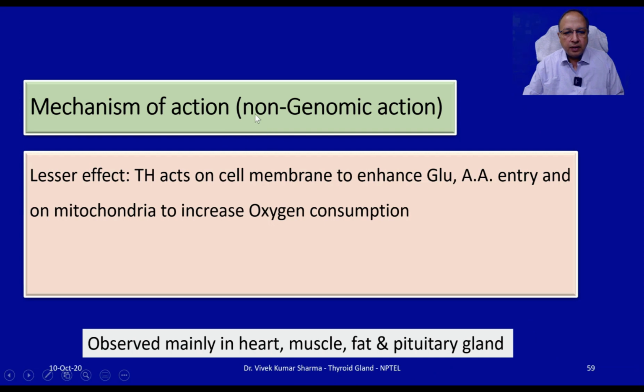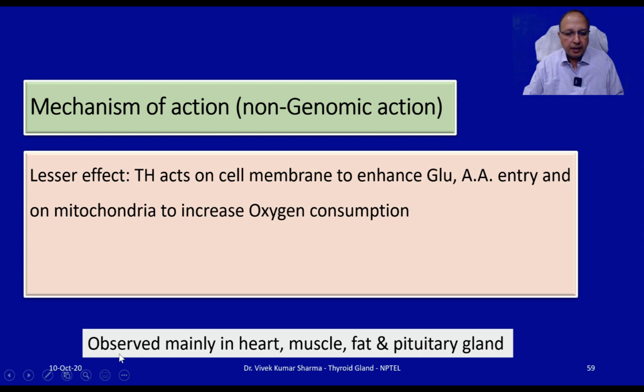Then there is also one non-genomic action, which is a minor action, which does not take much time, and the thyroid hormone acts on the cell membrane itself to enhance the entry of glucose, amino acids, and on the mitochondria as well. That will also cause an increase in the oxygen consumption, due to which we find that there is an increase in the metabolic activity immediately after the action of the thyroid hormones.